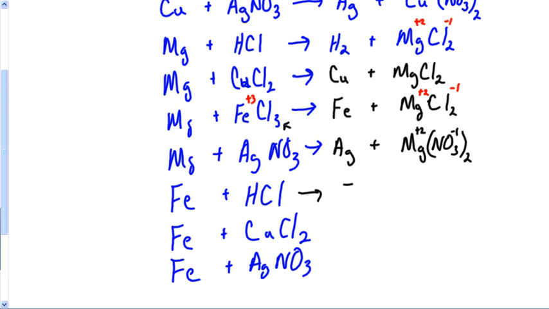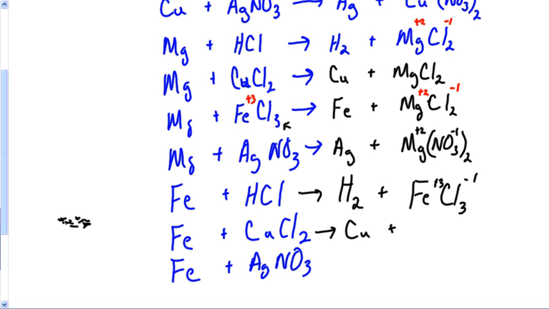Fe would be, let's see, H would be all by itself, so it becomes H2, so you should have seen bubbles on that one. And then we've got Fe plus 3, Cl minus 1. And then on the next one, we've got Cu by itself. So that one should turn red, and that's the copper. So that one's kind of neat. You should have a bunch of black iron in there. And what's neat is when you put in the copper chloride, it should have started turning red inside there.